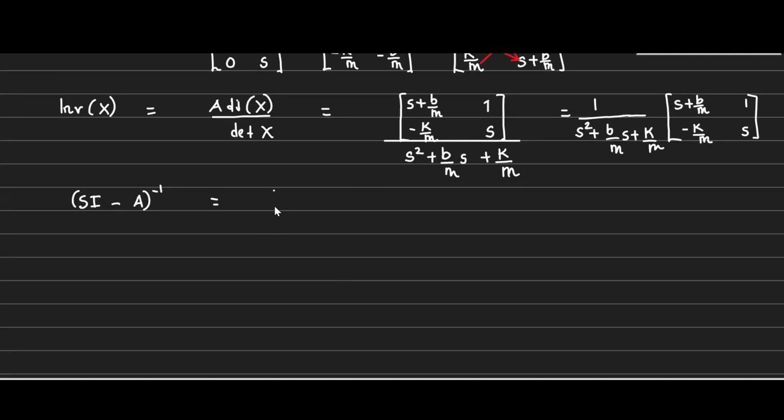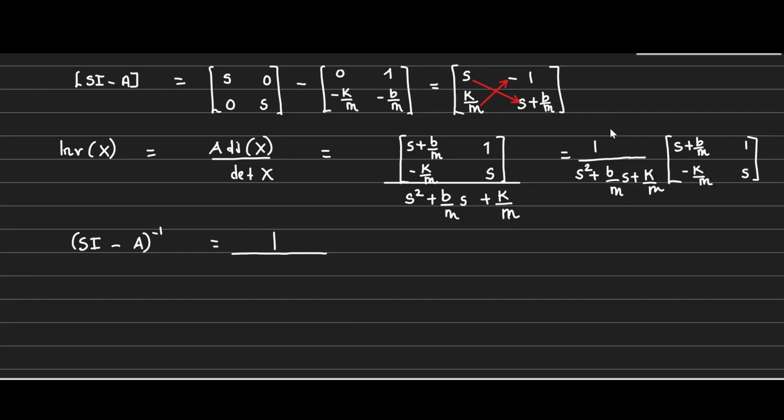So you have 1 over, and what I'm going to do is multiply the determinant both on top and down by M, so I don't need to clear out the fraction here.